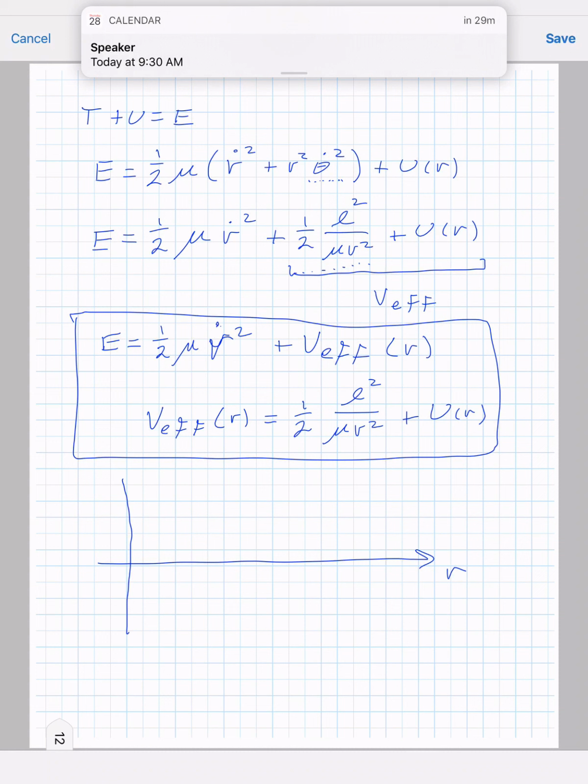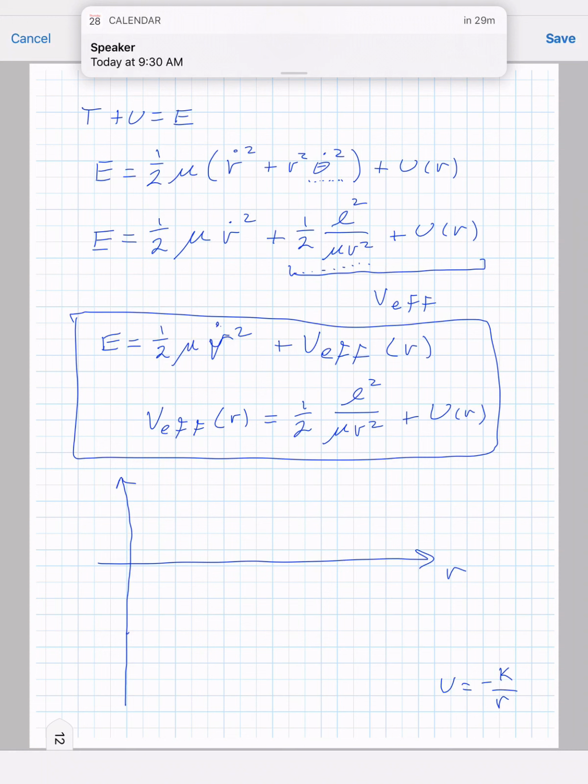And again, this radius is the relative position between the two bodies. And let's now start talking about the inverse square law. The inverse square law has a potential energy U equal to minus K over r. The K is going to be gravitational constants and masses if it's gravity, but inverse square laws are more general.